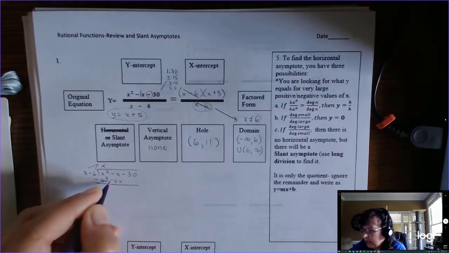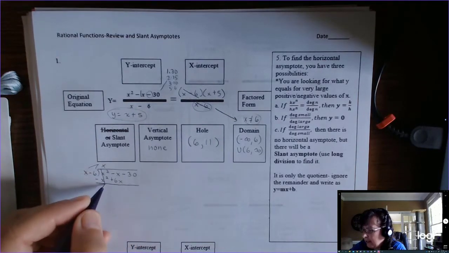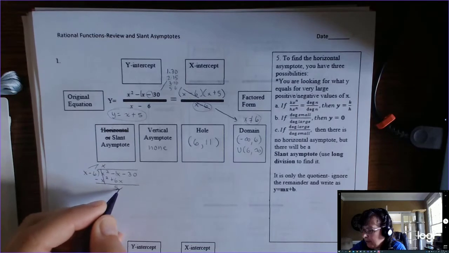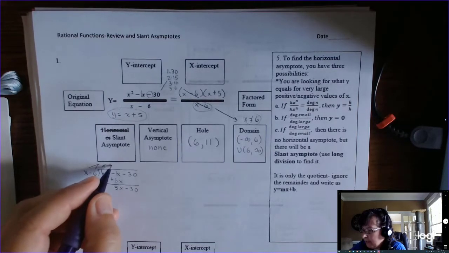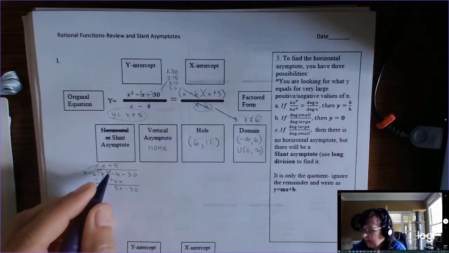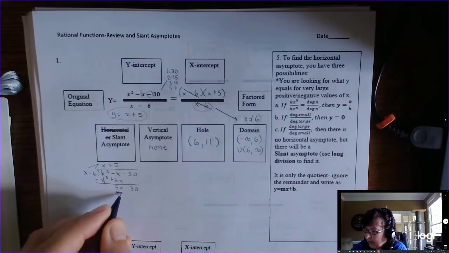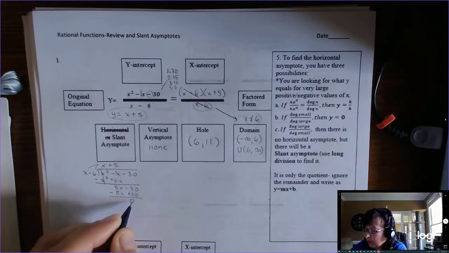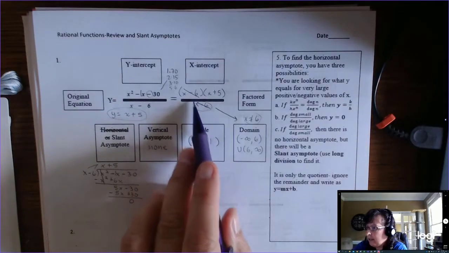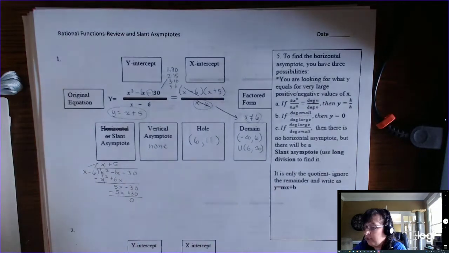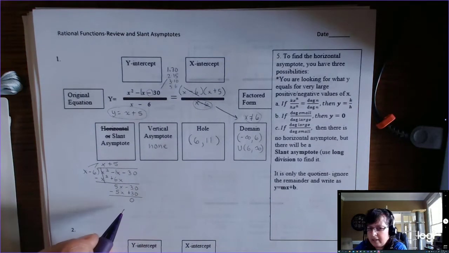Draw your line, change the sign. These cancel, and these give you 5x minus 30. 5x divided by x is 5, and then distribute, and you get 5x minus 30, and you have a remainder of 0. Now the remainder is 0 because you can see that there was a factor x minus 6 in the numerator, so x minus 6 goes into it perfectly, but that's not always the case.